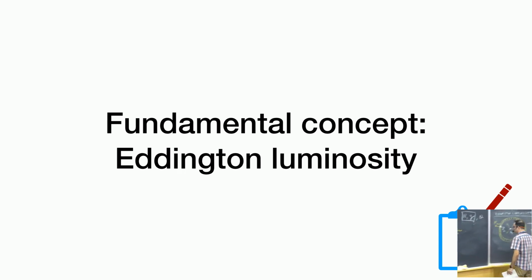So another thing that's very useful, and my time is running out. But another thing that is very useful that I would like to talk about before we go, and we will see this quite a lot now, is the concept that we call the Eddington ratio, which is simply expressing the luminosity in terms of the Eddington luminosity, okay?